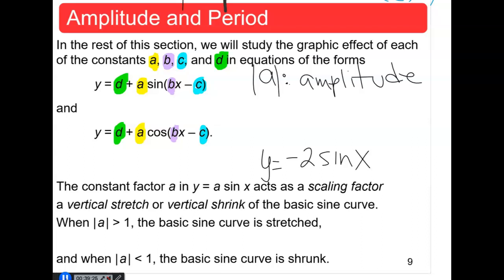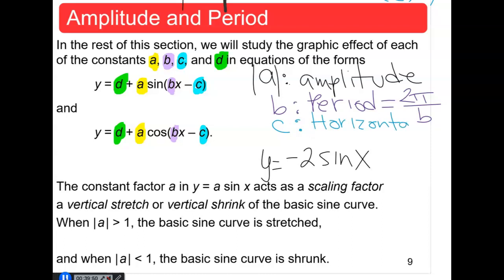Then we do have B, which is going to help us with the period. And in fact, to get the period, we are going to use 2 pi over B. Then we move on to the letter C, and that will give us the horizontal shift or translation.